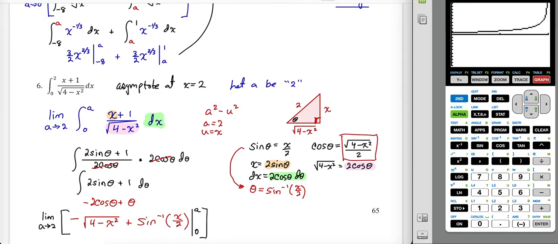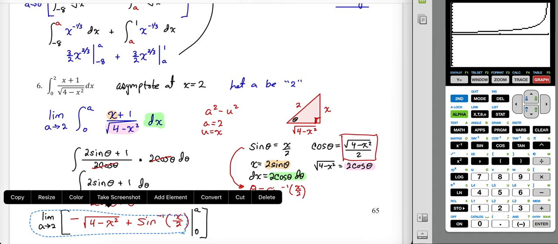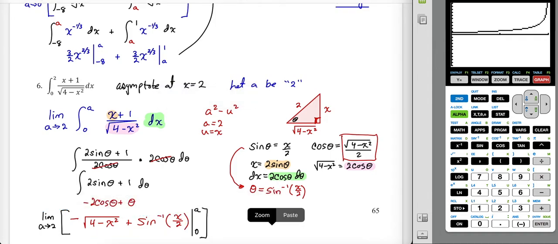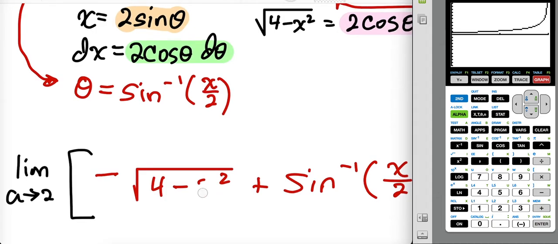All right, so if I replace all of my x's with a's, now I'm just going to get the same expression with a's instead of x's. I'll make that substitution.